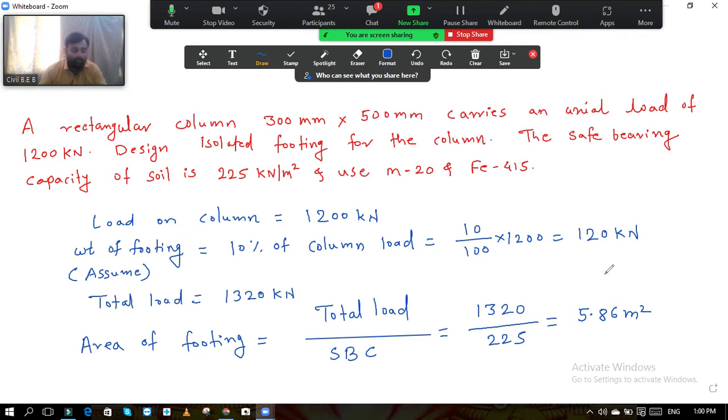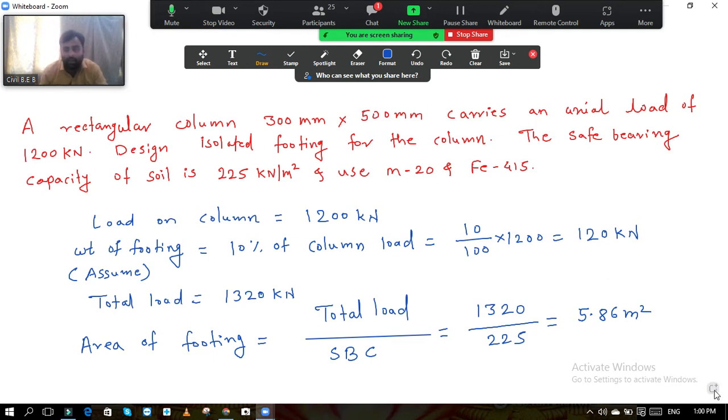Now see, we are having rectangular column, so it is 300 by 500. One dimension is 500, one dimension is 300.